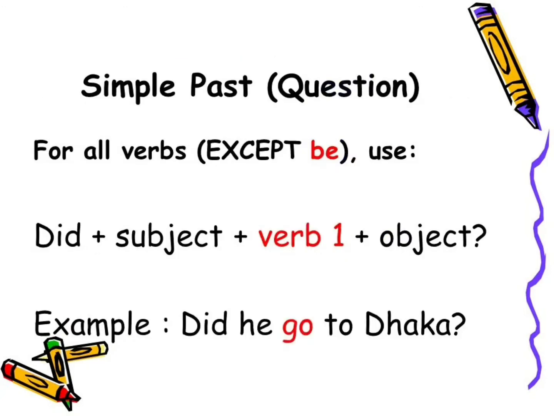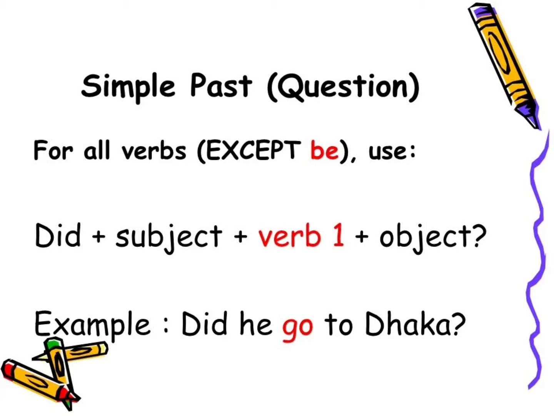The next is the form of simple past question. For all verbs except be, use did plus subject plus verb 1 plus object and a question mark. Example: Did he go to Dhaka?